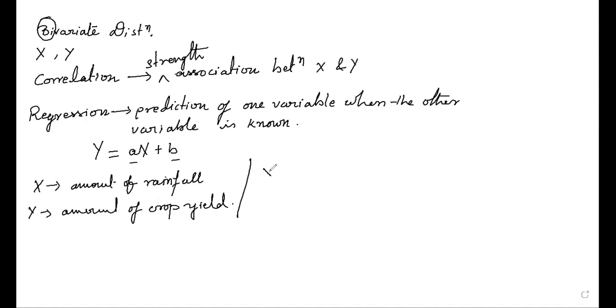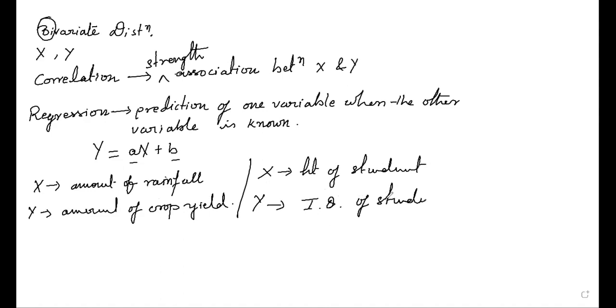But if I take the random variable x to be the height of a student in a class, and y denoting the IQ of the student, we know from our general sense that height does not depend on IQ. They are not at all related with each other.